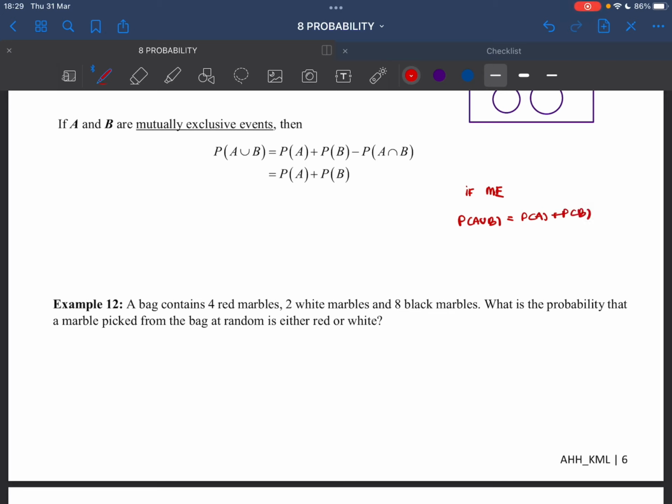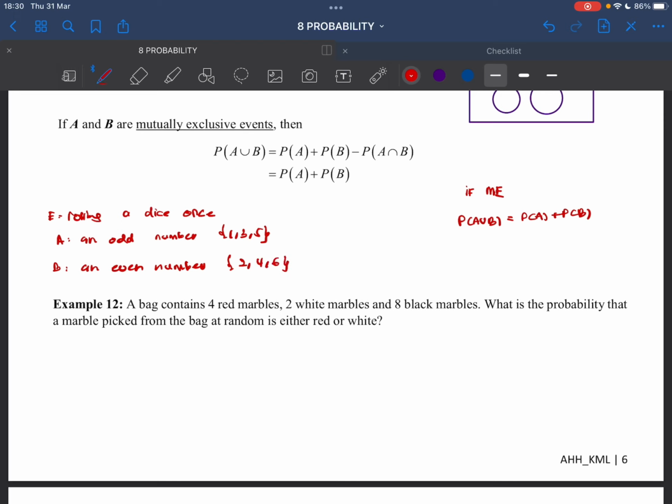So for an example of mutually exclusive event, let's say we have the event of rolling a dice once, where you will get 1, 2, 3, 4, 5, 6. Let's say event A is an odd number, which is 1, 3, 5, and event B is an even number, which has outcomes 2, 4, 6.